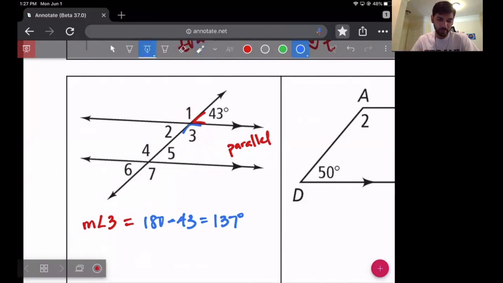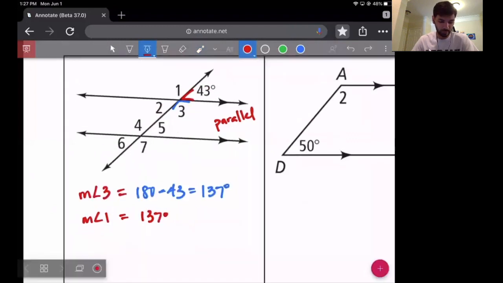So I'm going to put measure of angle 1 is also equal to 137 degrees because it's right across from angle 3. Same thing holds for angle 2. Now you could say 43 is going to be equal to the angle it's opposite from or across from. So angle 2 is also going to be 43 degrees.